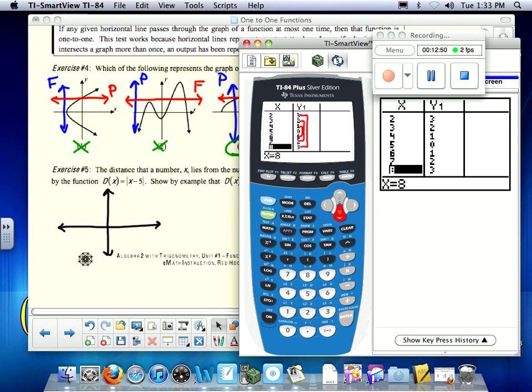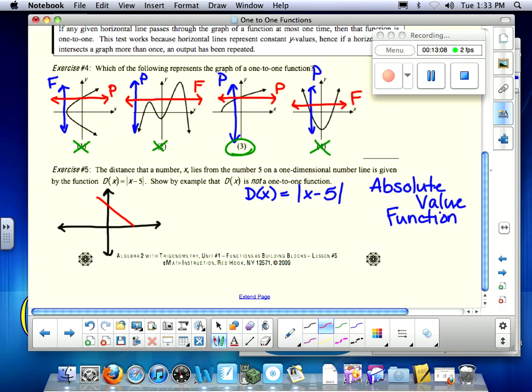Go to math, slide over to num. The very first thing is abs. And then you put in the x minus 5, whatever's inside of the absolute value sign. It should look something like that, roughly.